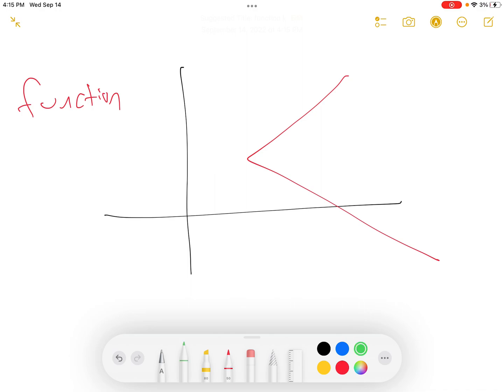Now here, let's just imagine this x value of 3. If I plug 3 into my little machine here, then my machine is going to give me, let's call this guy 4, and let's call this guy 8. So I have the point 3 comma 4, and I have the point 3 comma 8.